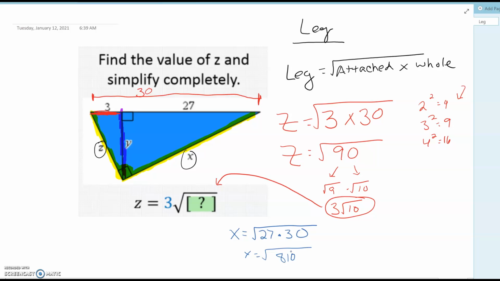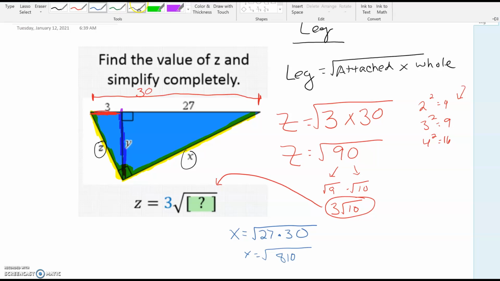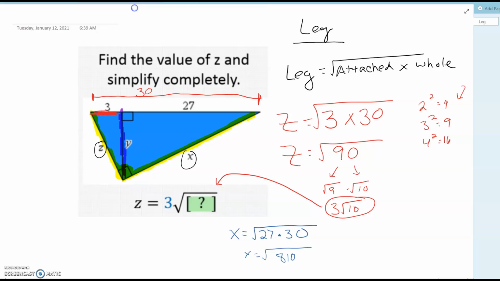Then if you also needed the altitude here, so for the y, if it's an altitude, the altitude is equal to the square root of piece times piece of the hypotenuse.